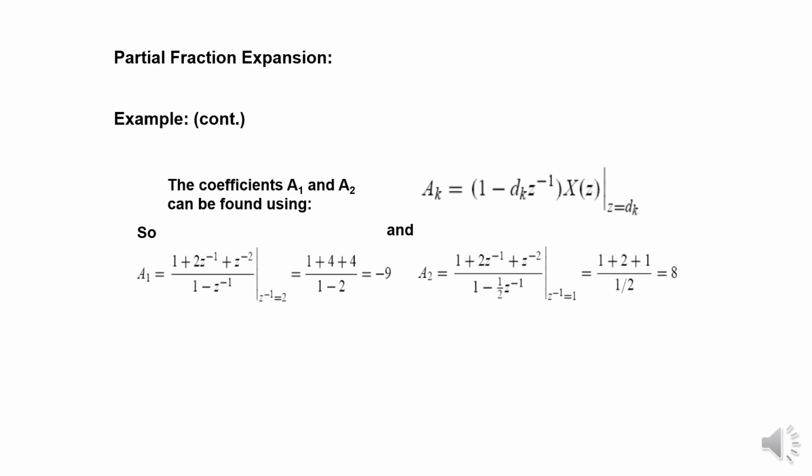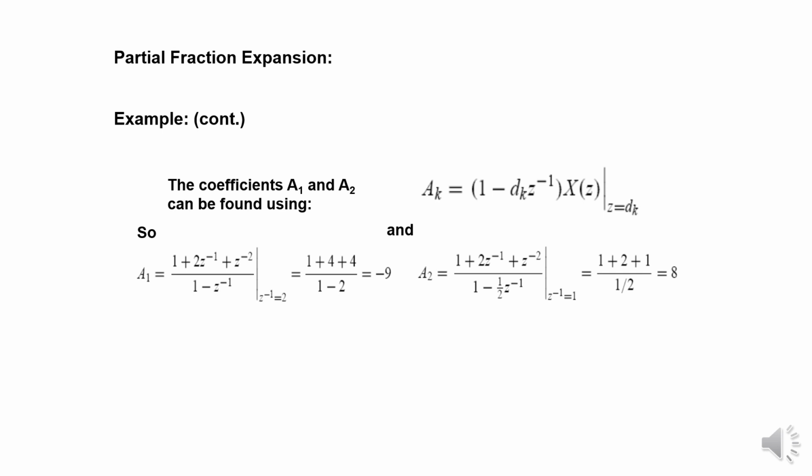X(z) is 1 plus z to the power minus 1, the whole squared, divided by 1 minus 1 over 2 z to the power minus 1 into 1 minus z to the power minus 1.